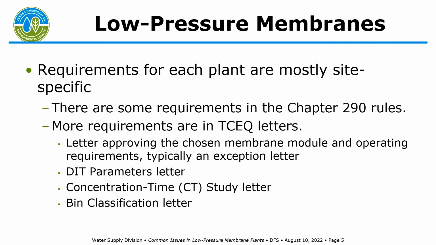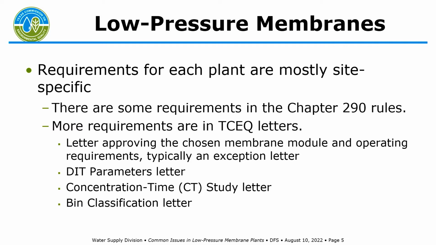Then you've got a DIT parameters letter, and that contains the minimum pressure allowed during a direct integrity test, and also the maximum pressure decay rate, or UCL, upper control limit, that's allowed during a DIT.